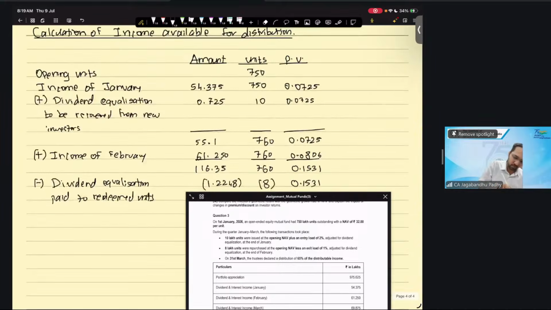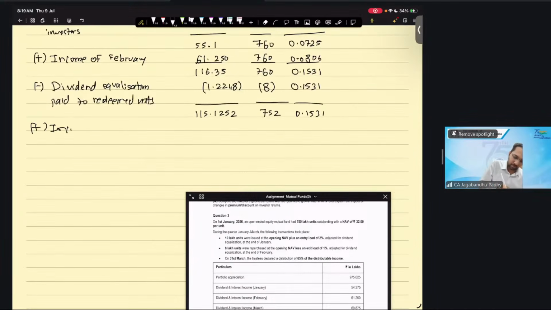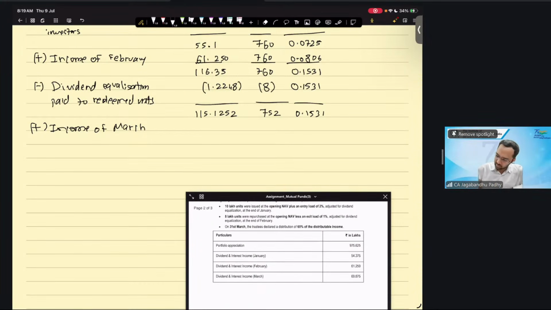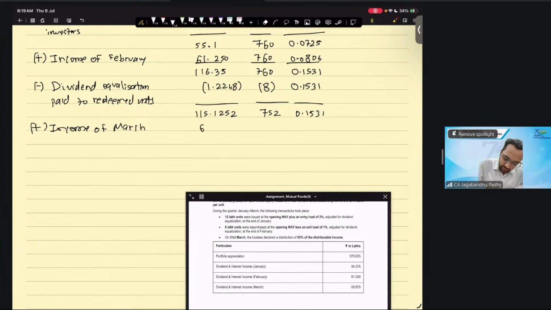Now to that we are going to add income of March. Now income of March is 69.875. This income of March is accruing to how many unit holders? This accrues to 752 unit holders.